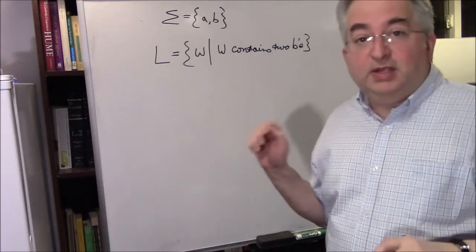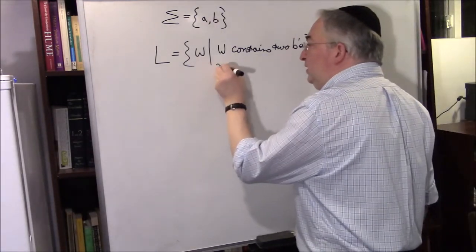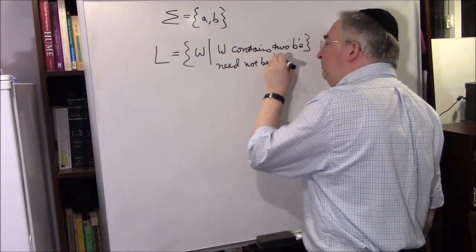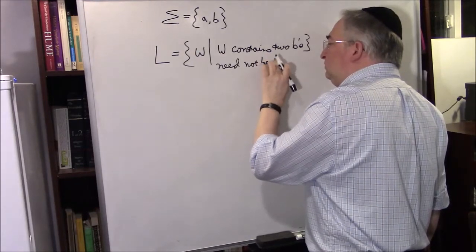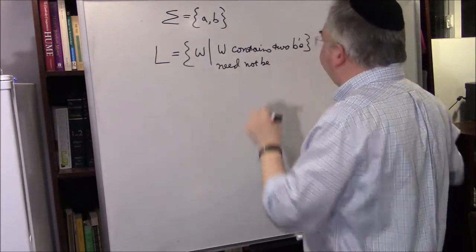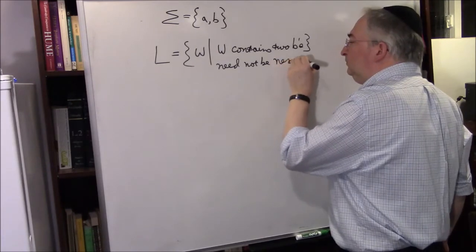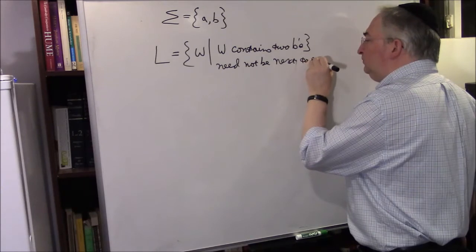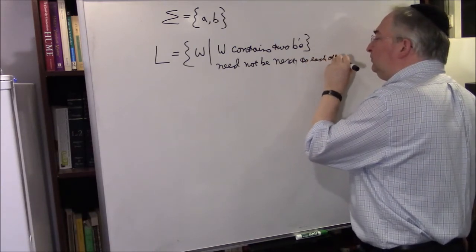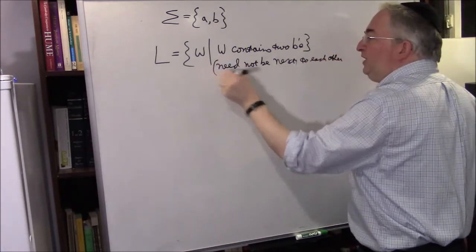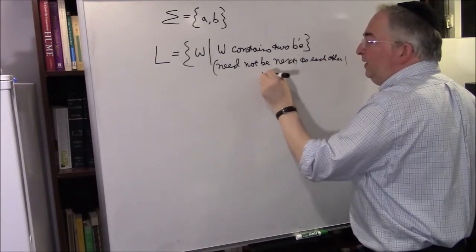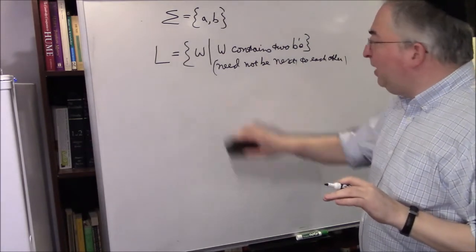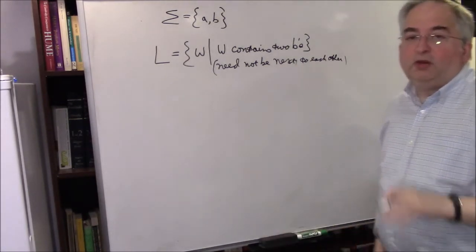And they need not be next to each other. So I don't care about the string BB. I'm not looking for the string BB. They could be far apart from each other. Okay? So how do we do this?